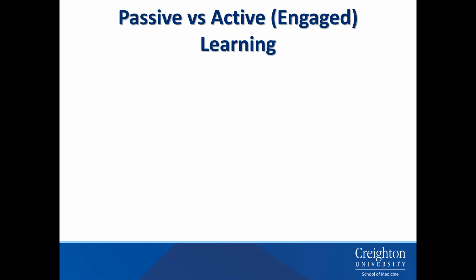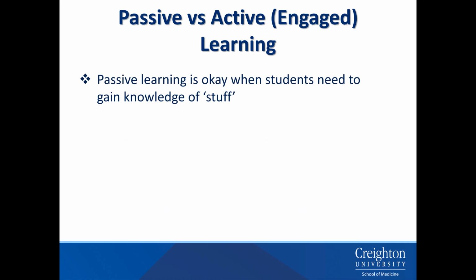So, passive versus active learning, what is the difference? Passive learning is used when students need to gain knowledge of stuff. And when I talk about stuff, I mean things where the lowest level of Bloom's taxonomy is necessary, things that they need to remember, like the names of bones in the skeletal system, a number of anatomical structures.